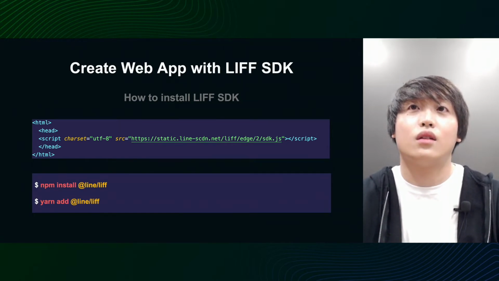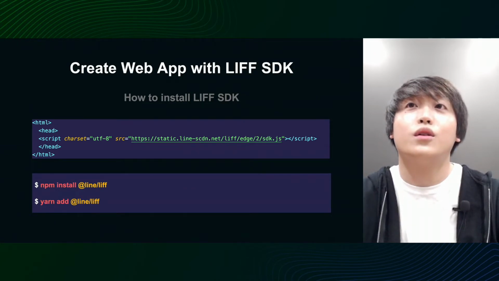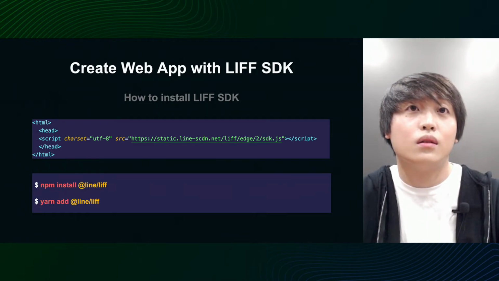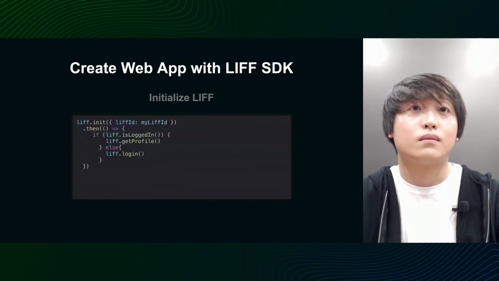Let's talk about web application development using LIFF SDK. First, you need to install LIFF SDK to the project. As you see, at the top, you can use CDN. If you are using Node.js, you can install using NPM or Yarn. Either way is fine.